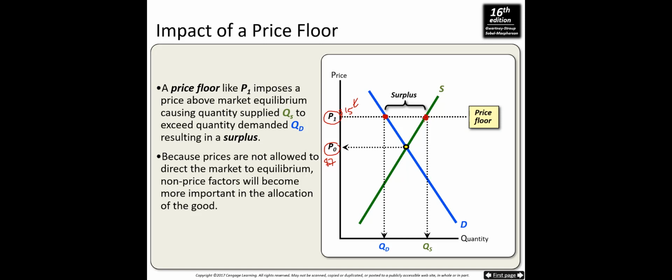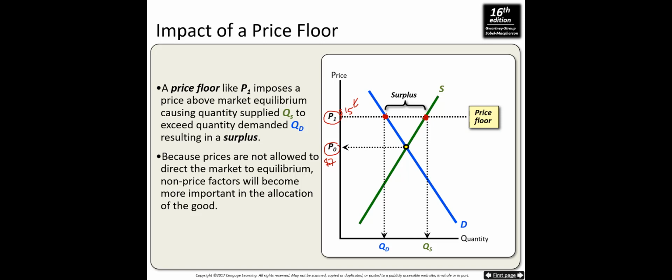So what happens here? If that is the case, there are going to be more people looking for jobs than the job openings the businesses have. What can businesses do? Businesses actually ration the situation, right? How? By replacing workers with machines. So this might be why they don't demand that much labor compared to the equilibrium price. So this creates a surplus.